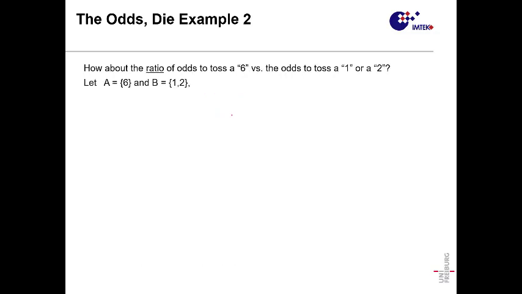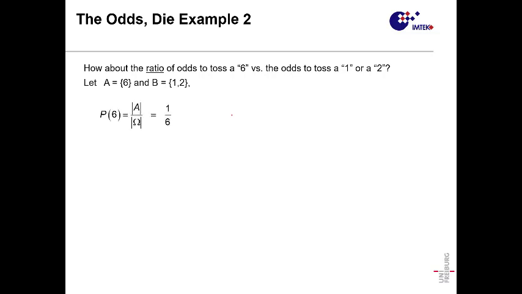So what will be the ratio of the odds of tossing a 6 versus the odds of tossing a 1 or a 2? That gets a little more complicated, right? So A now is going to be 6 and B will be 1 or 2.